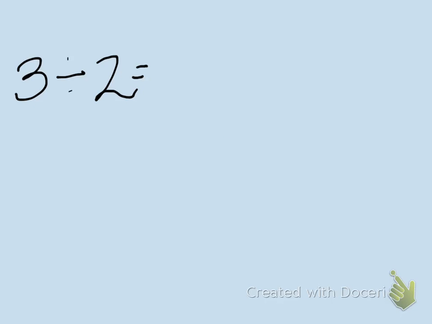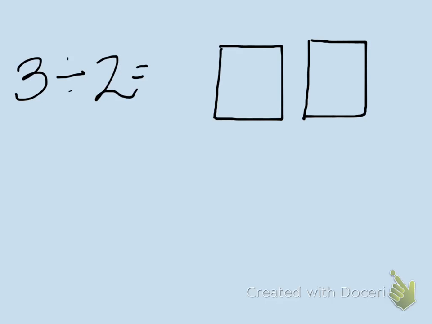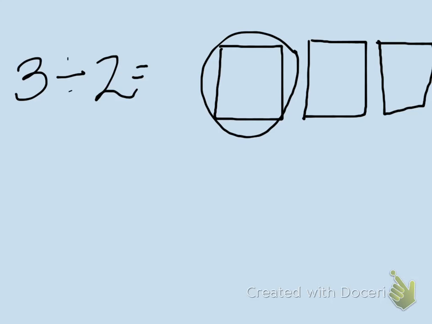Now let's say I have 3 crackers, and I'm splitting that up evenly between 2 people. Okay, so I have enough for 1 person to get a whole cracker, another person to get a whole cracker, and then I have one cracker left over.